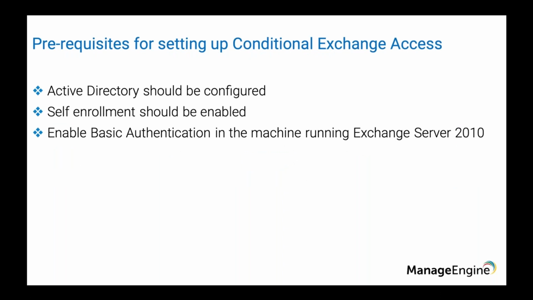So there are certain prerequisites. The Active Directory must be configured, your self-enrollment option should be enabled, and if you're running Exchange Server 2010, you'd have to enable basic authentication in that machine itself.